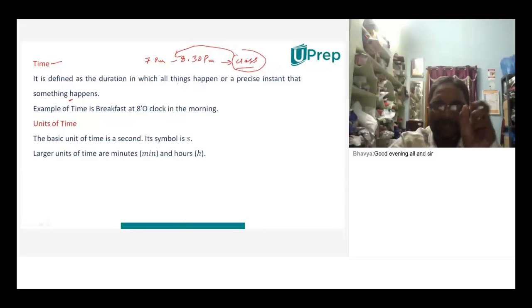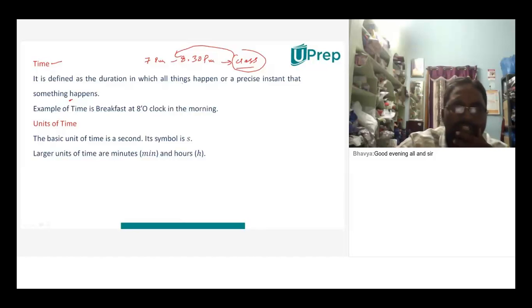If you ask what the time gap between those two is, that will generally be said to be time. So the duration in which an event is occurring is called time. One example is given: breakfast at 8 o'clock in the morning. So you are mentioning the time there, 8 o'clock in the morning.